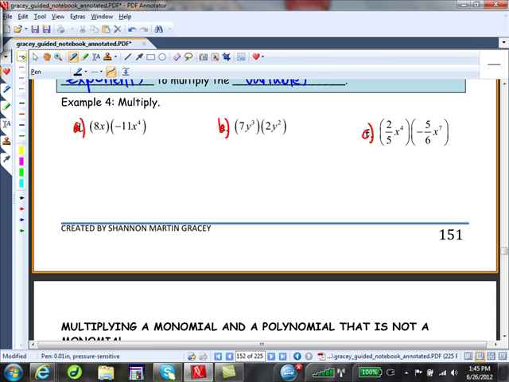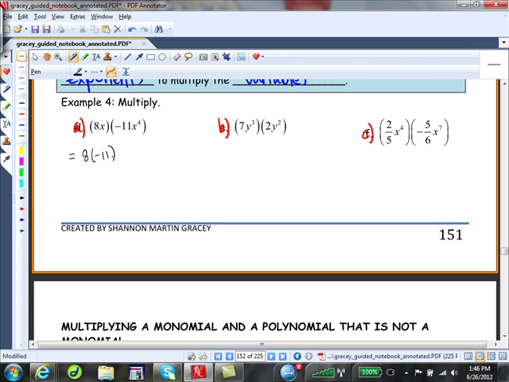So here we go. We have 8 times x. Notice everything's being multiplied, right? So we have 8 times x being multiplied to negative 11 times x to the 4th. So here's what we do. Everything's being multiplied so we can commute the factors. So we're going to have 8 times negative 11.